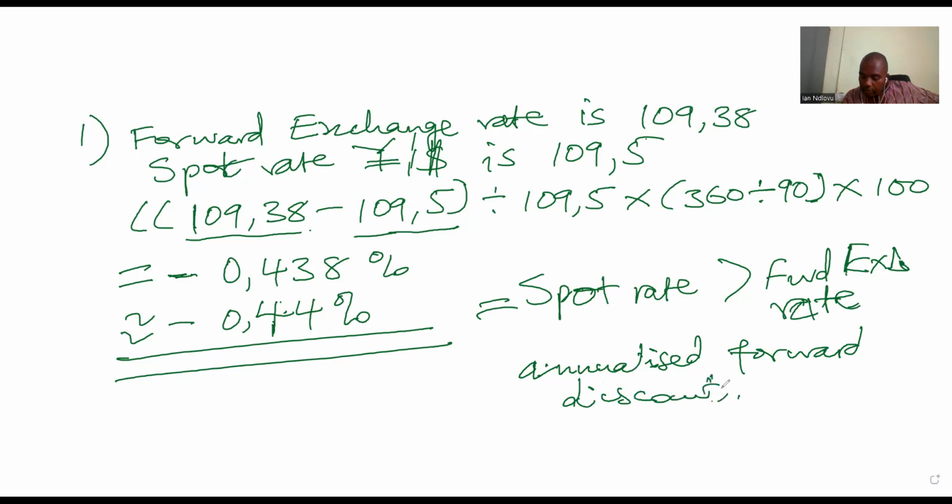We can only talk of an annualized forward discount if the spot rate is greater than the forward rate, which is the scenario that we've just dealt with. I want to demonstrate my last calculation for the annualized forward discount.